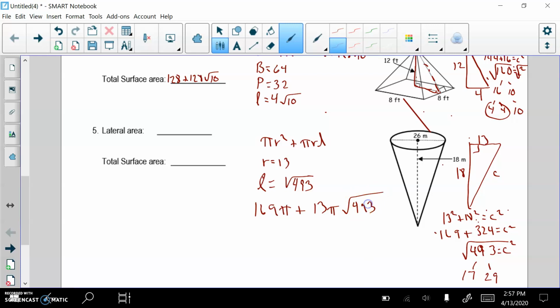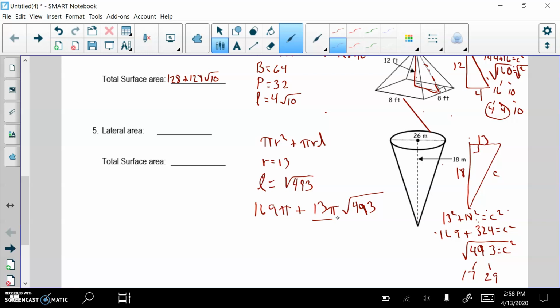You don't want to put the pi at the end because people looking at it may not be able to tell whether the pi is under the radical or not. So you always have it in this form, 13 pi, just like if it was a variable. If it was 13x, you would say 13x square root of 493. And that's the answer. You cannot combine 169 pi plus 13 pi.